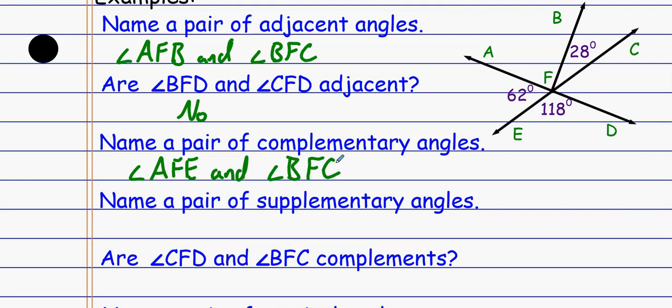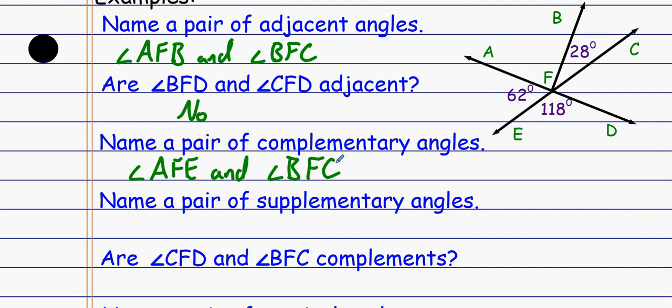They add up to 90 degrees. There might be other angles that add up to 90 degrees here, but I don't have enough information to say that any of these other ones do because some of them aren't labeled. Maybe CFD and BFC add up to 90 degrees, but I don't know. It looks like it could be close, but I can't say for sure, so I cannot list those as complementary.